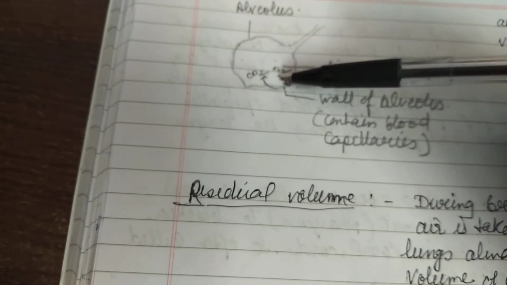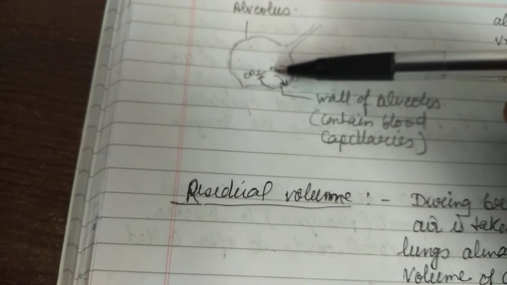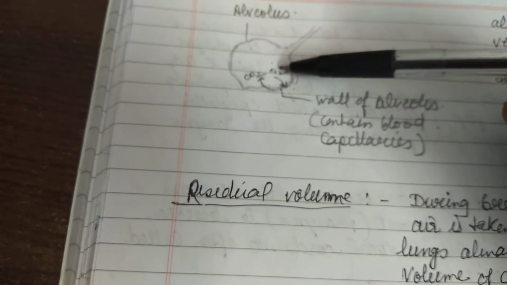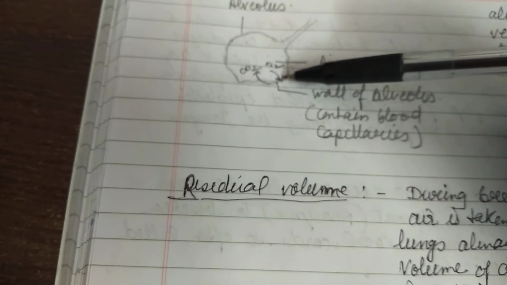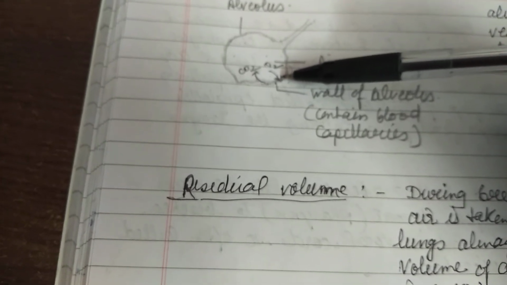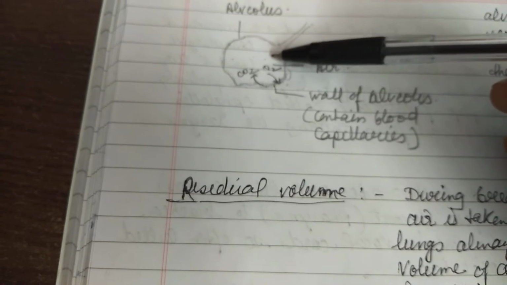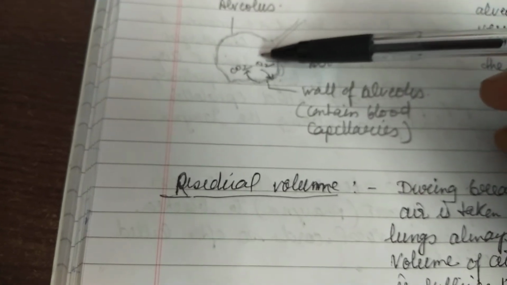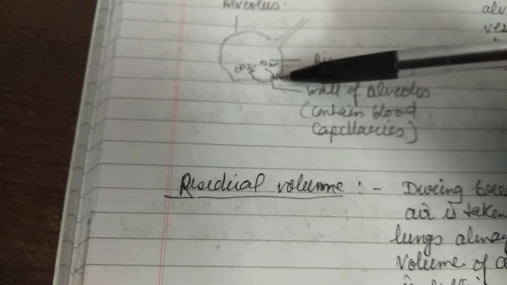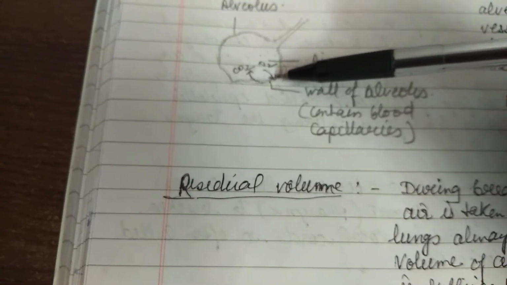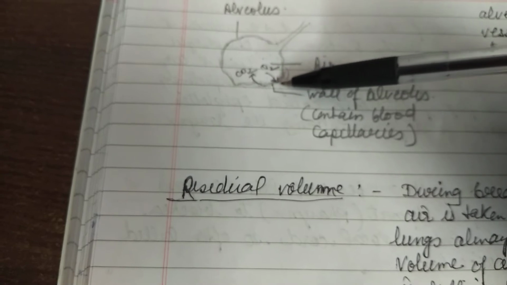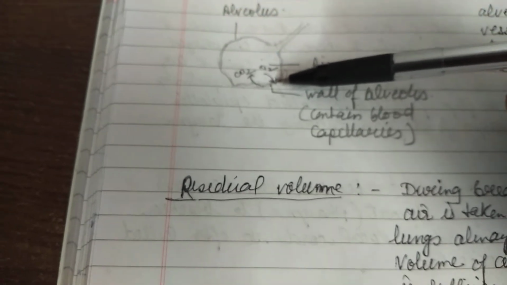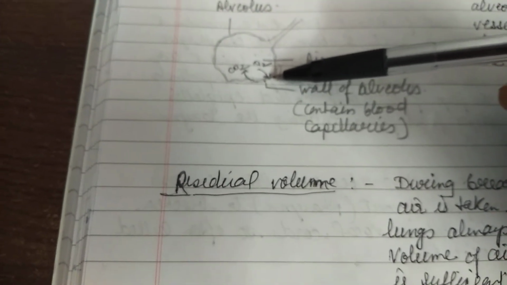And the opposite happens with oxygen. Oxygen pressure is more in the alveolus, and oxygen pressure is less in blood. Clear? So this oxygen moves from the alveolus to blood, because we are using oxygen in the body, so its pressure is less in blood.